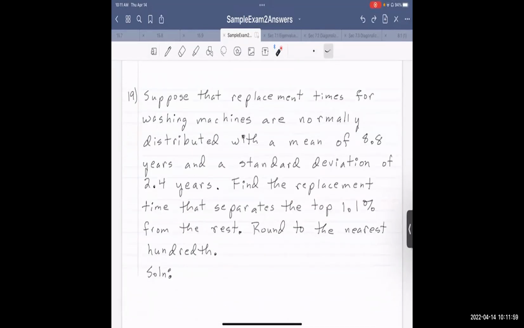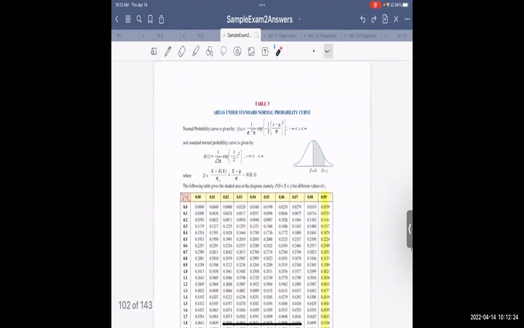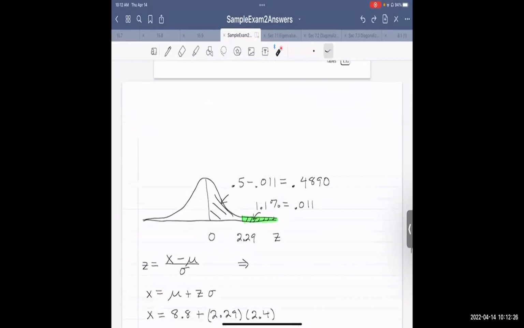Problem number 19. Suppose that replacement times for washing machines are normally distributed with a mean of 8.8 years and a standard deviation of 2.4 years. Find the replacement time that separates the top 1.1% from the rest. Round to the nearest hundredth. Okay, so let's do that.